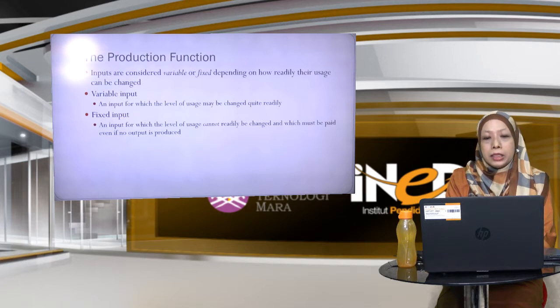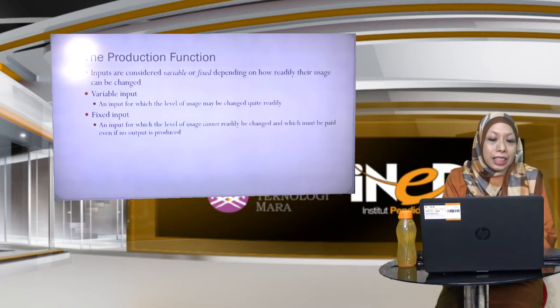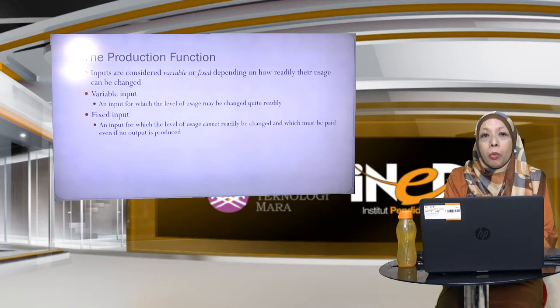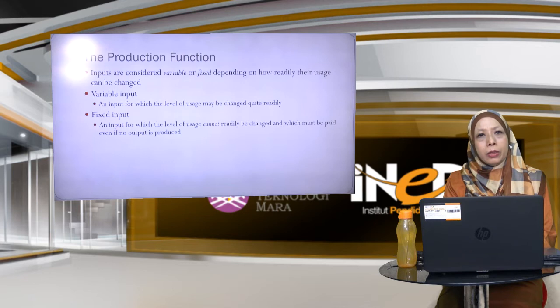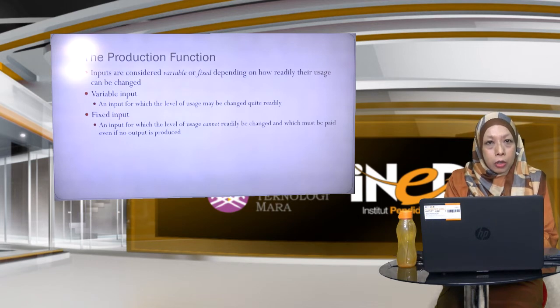So what's the difference between variable input and fixed input? Variable inputs are inputs whose quantity you can change with the level of output. Meaning that when you produce very small units of output, you use a very low amount of variable inputs, but as output increases, you increase the usage of variable input.